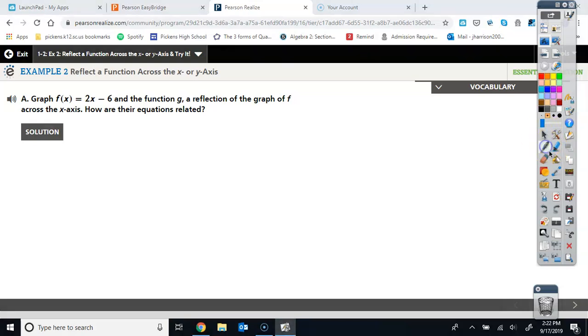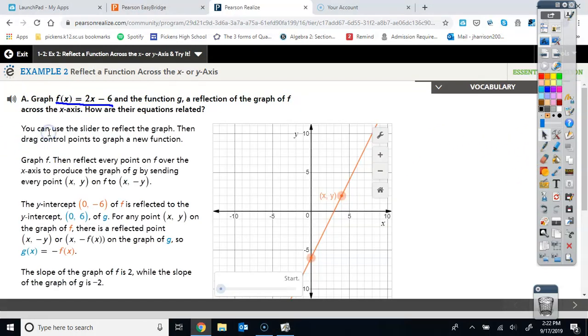I am not going to go through in huge detail every single part of a reflection on this one, because the functions we used here were linear, which means it was a line. I'm going to use the textbook to help me out a little bit here. Notice that if I take this guy right here, it goes through -6, my beginning amount, and then it goes up 2 over 1, up 2 over 1.